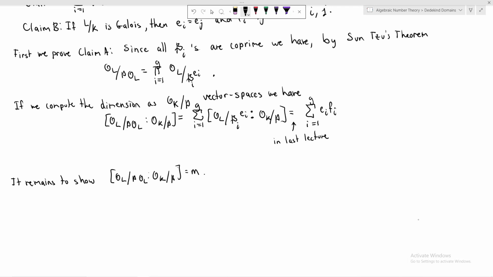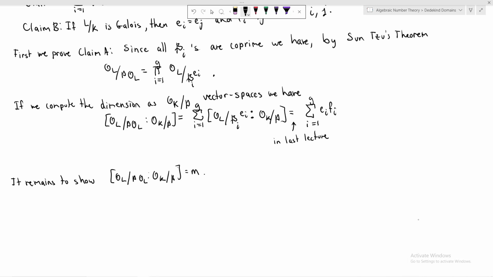However, we have to remember that if O_K isn't a principal ideal domain, then O_L is not necessarily a free O_K module. So let's remember exactly what we showed about O_L as an O_K module.